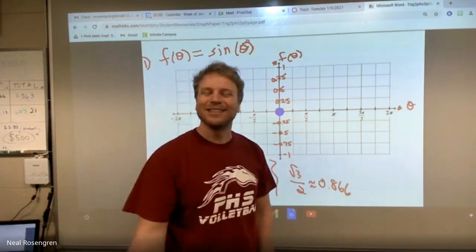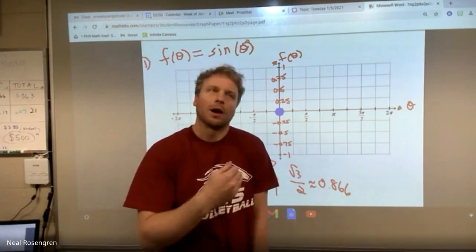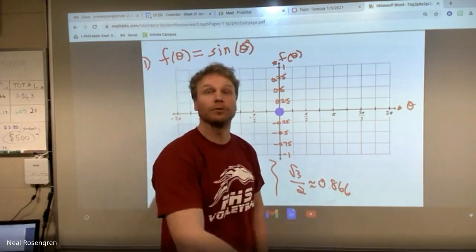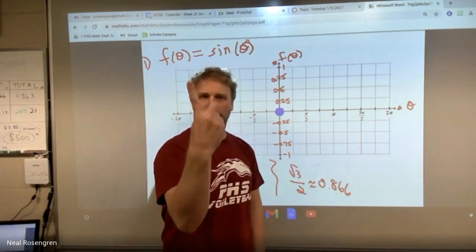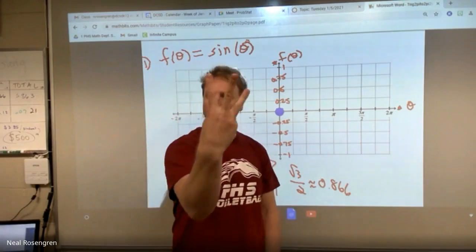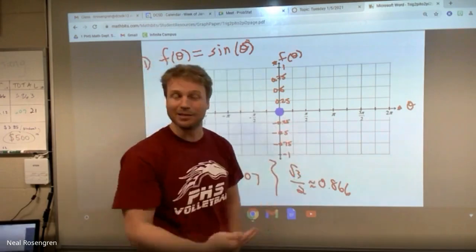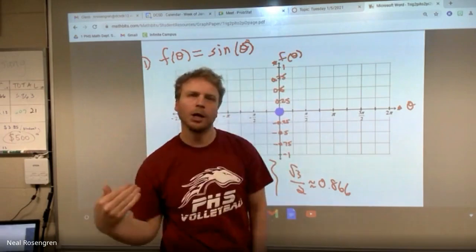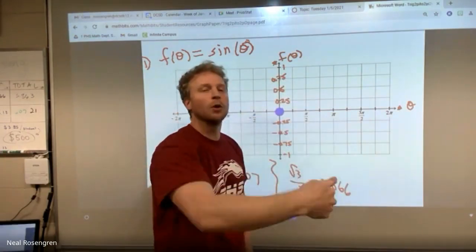Pi over 6 is 30. And so what I'm looking at, 30 degrees compared to 45, I'm 2/3 of the way there, right? 15, 30, 45. So I'm 2/3 of the way there. So when I plot this next point, my point somewhere here is going to be 2/3 of the way into that box.